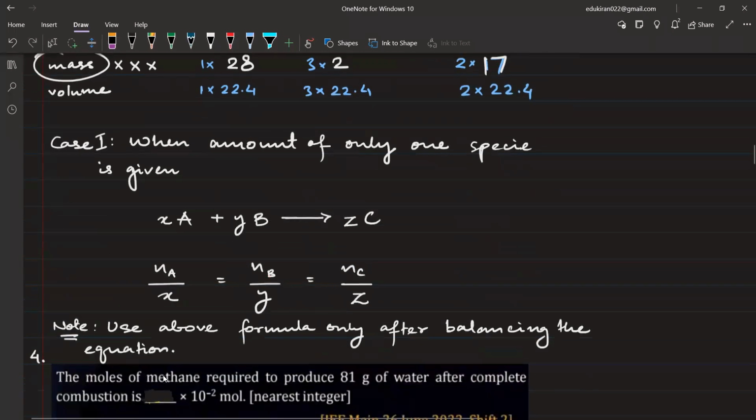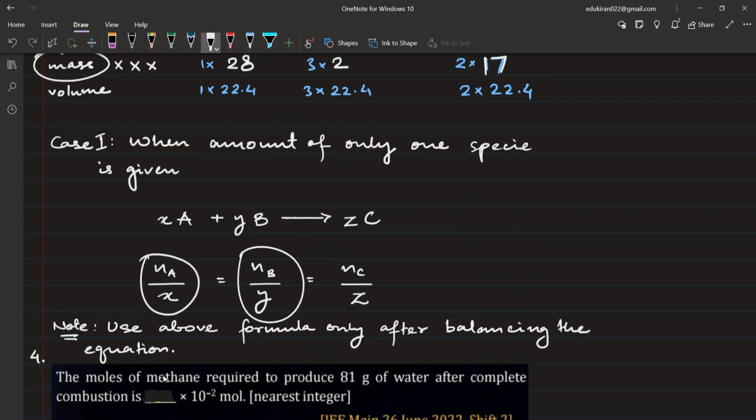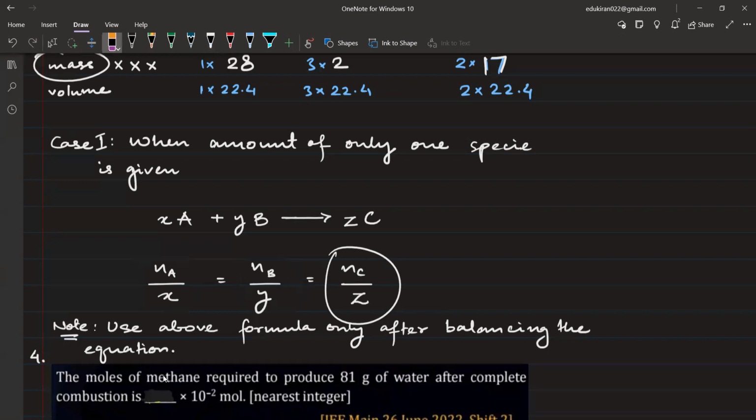If you have XA plus YB giving you ZC, then the number of moles of A divided by the coefficient X will be equal to the number of moles of B divided by the stoichiometric coefficient Y, and the number of moles of C divided by Z. ठीक है? So once you have this equation balanced, उसके बाद ही आप इस फॉर्मूले को यूज कीजिएगा.